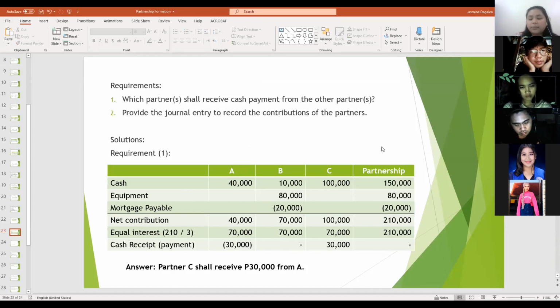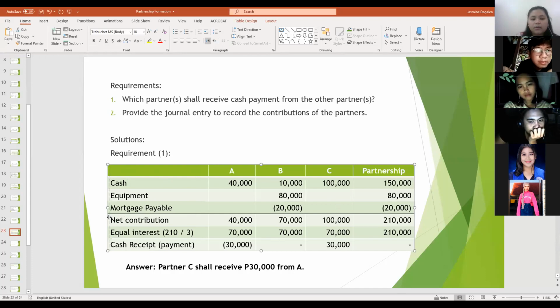Pag nagsosolve kayo ng problems, I suggest na ganito yung computation nyo para hindi kayo malito. I-plot nyo yung each partner, tapos plot nyo yung their contributions respectively, to determine the fair value or the net contribution to the partnership. And then you determine the ratio that they will be sharing in the initial partnership contribution, and then you will see the difference.